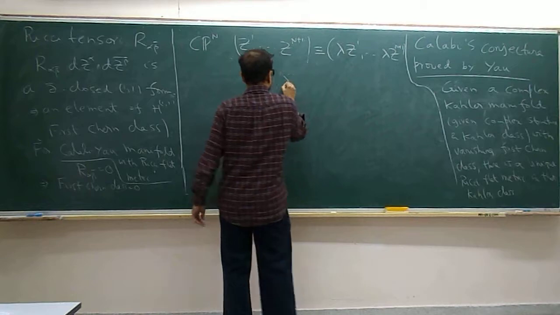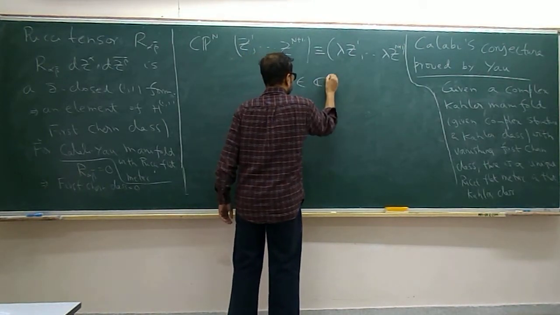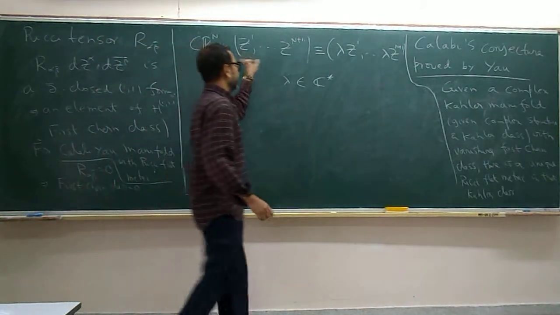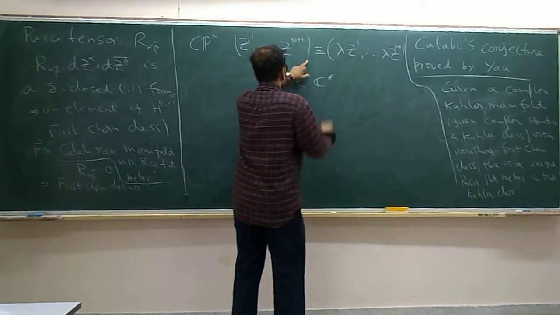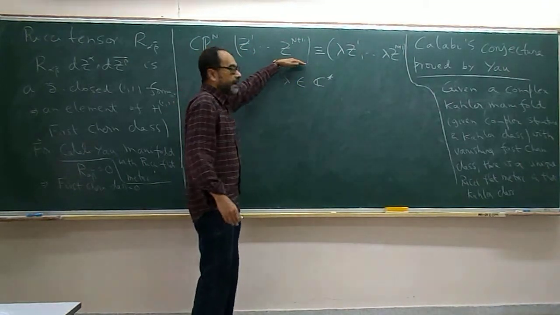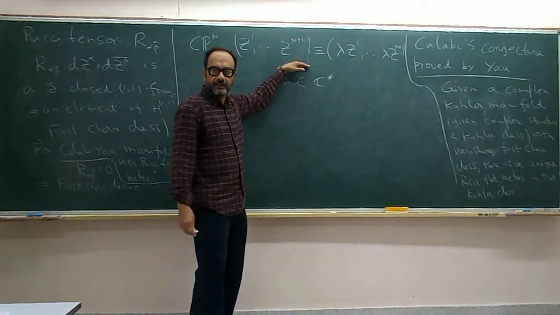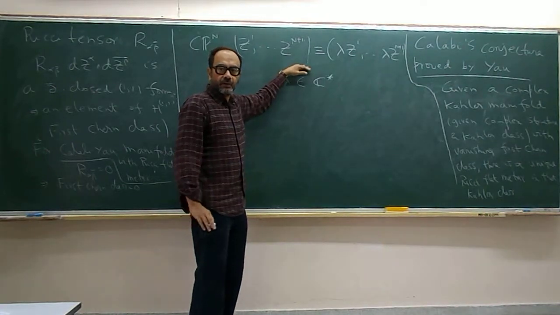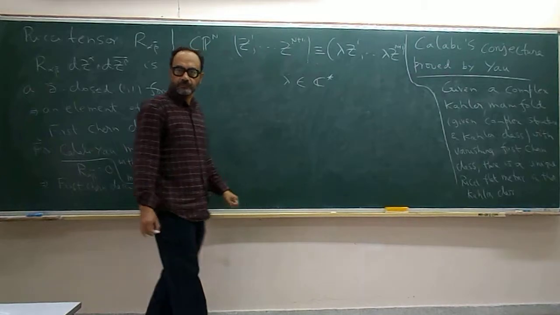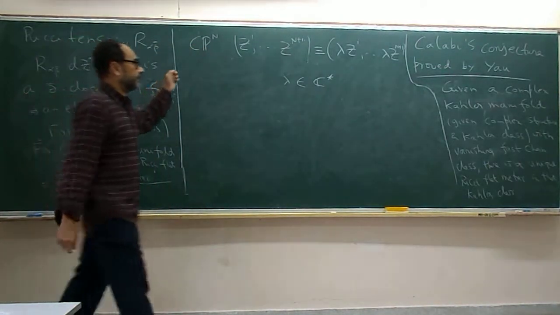So lambda belongs to C star, which basically means it's a complex number not equal to 0. And you exclude from this the origin. So when we say that it's the space spanned by the z's, it's not including the point where all the z's are 0. Okay, so this is CPN.